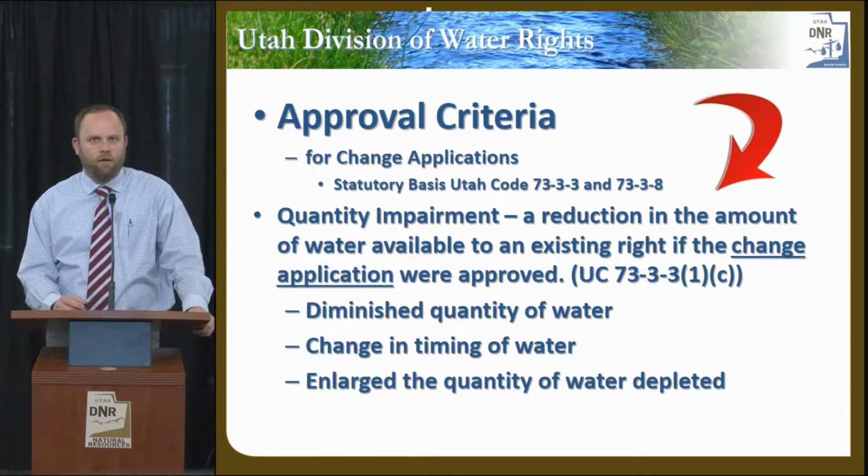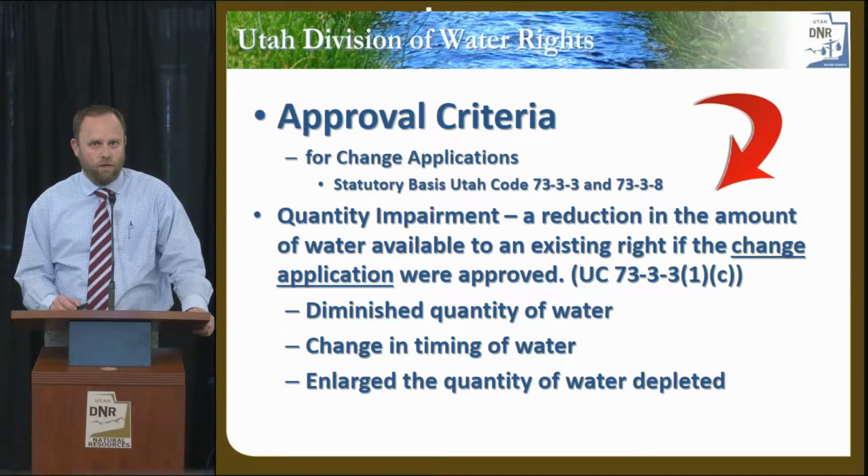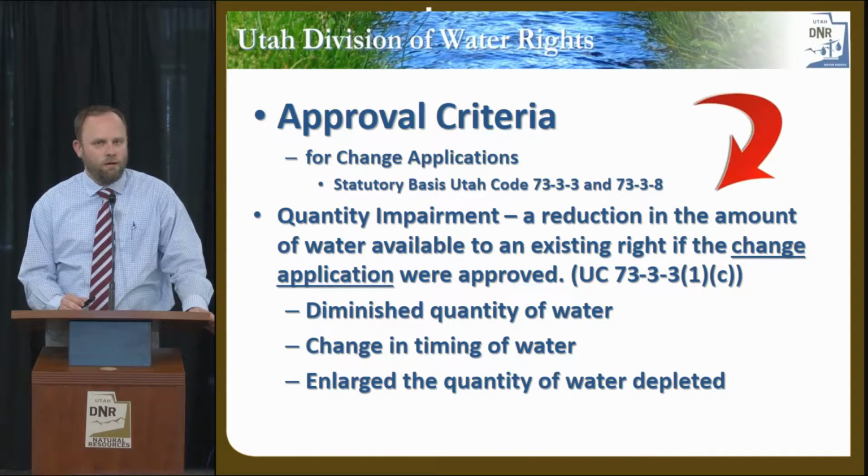Quantity impairment is a reduction in the amount of water available to an existing right if a change application were approved, which results in diminishing the quantity of water, a change in timing of water, or enlarges the quantity of water depleted by the water right. Okay? This is the fundamental definition of quantity impairment. And now note, we haven't brought non-use into this yet.